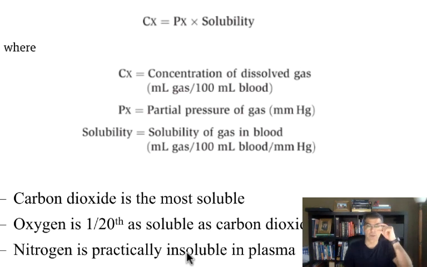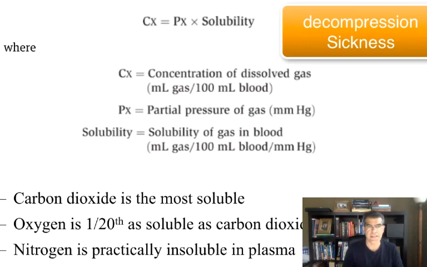If you come back up quickly, the force that made this nitrogen dissolve inside the blood is going to disappear. As you come up, nitrogen is going to get out of your blood and create bubbles. As a result, it's going to block your blood vessels. That's why it creates what's called decompression sickness.